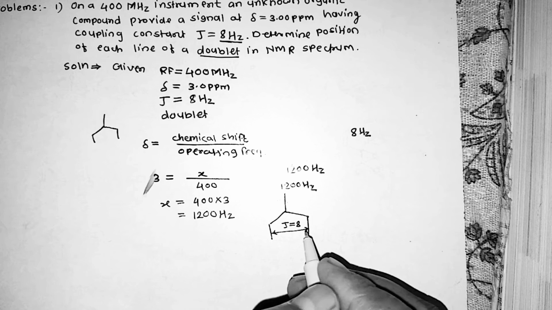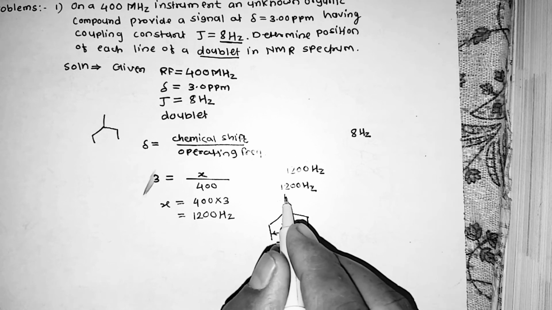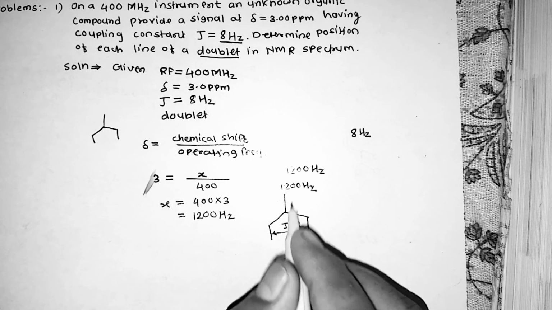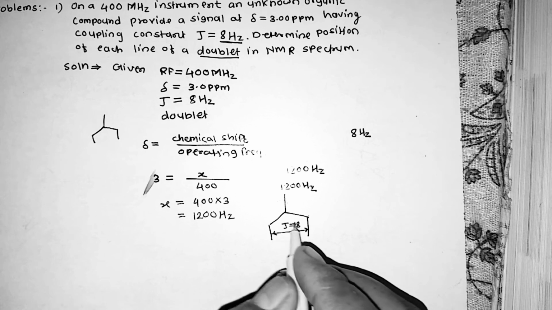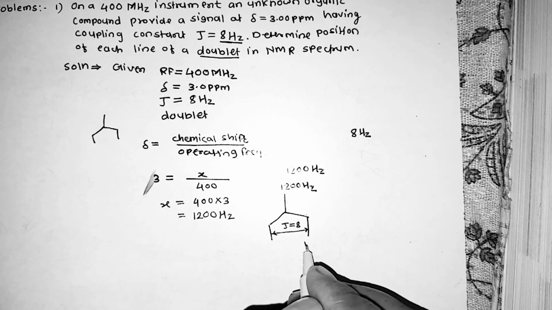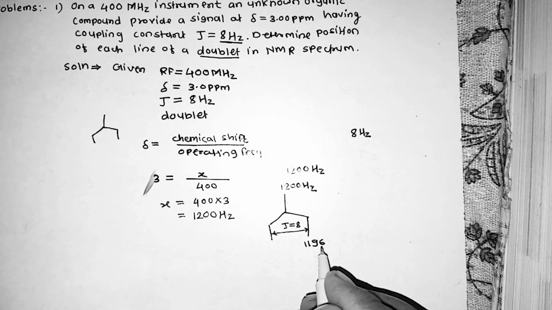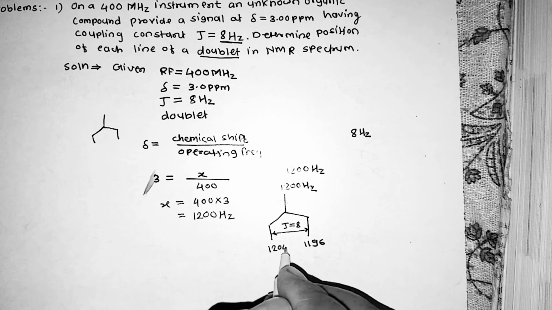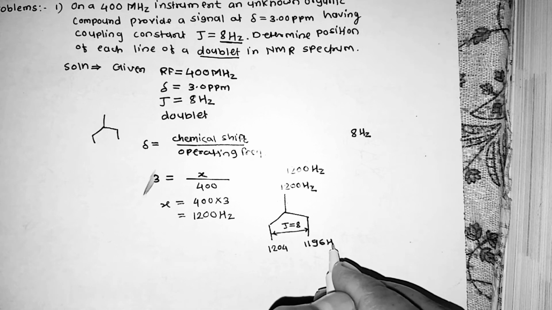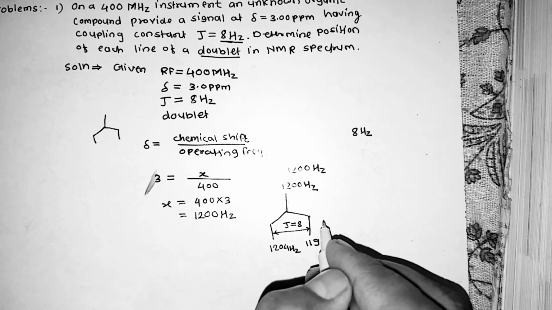So if you imagine this central line, it is at 1200 Hz and the distance is 8 Hz, so we can write this line appears at 1196 Hz and this line appears at 1204 Hz, so that the total difference between these two lines is 8.